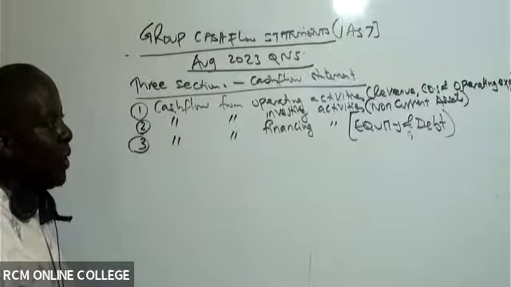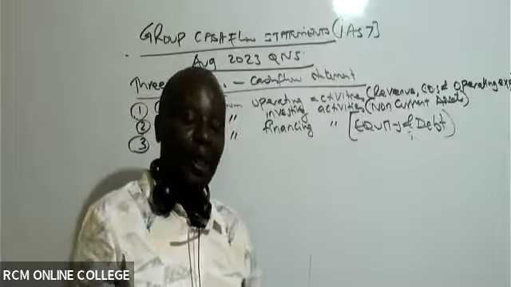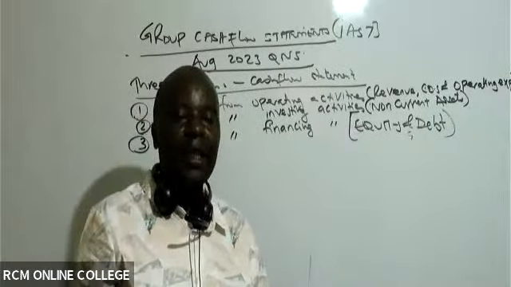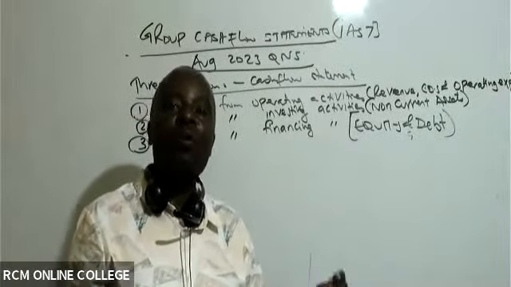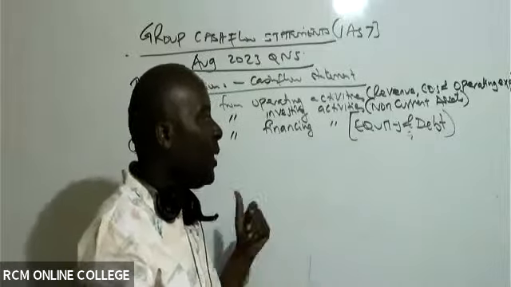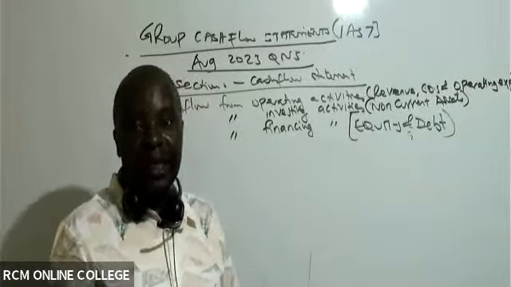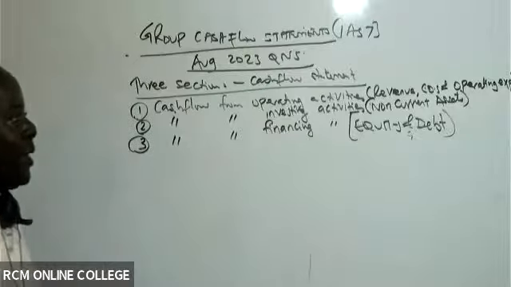So basically we're looking at equity and debt. We shall be able to issue shares in the year, and we shall be able to pay dividends. That will come here. We shall be able to issue or redeem debt instruments, etc.